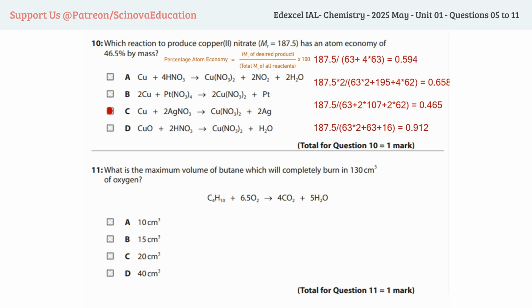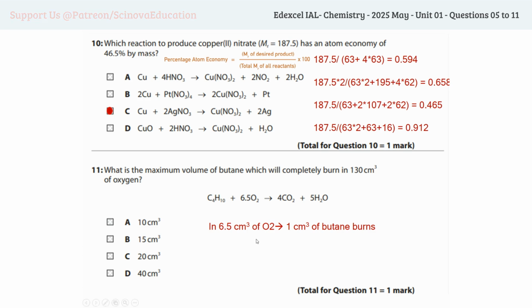Question 11. What is the maximum volume of butane which will completely burn in 130 cubic centimeters of oxygen? The balanced chemical equation is already given. So according to this equation, 1 cubic centimeter of butane burns in 6.5 cubic centimeters of oxygen, because the stoichiometric ratio is 1 to 6.5.